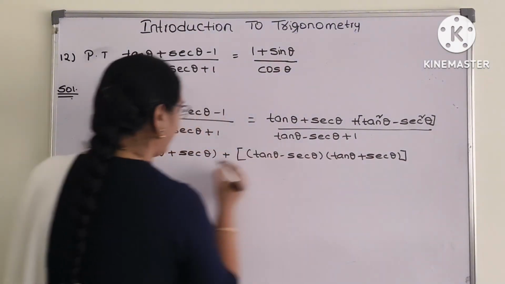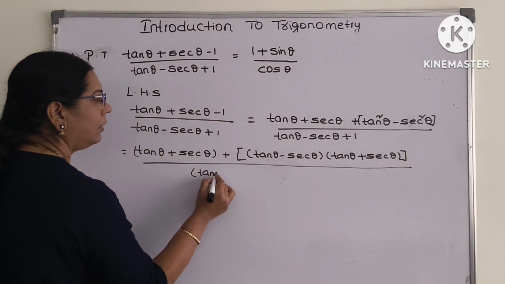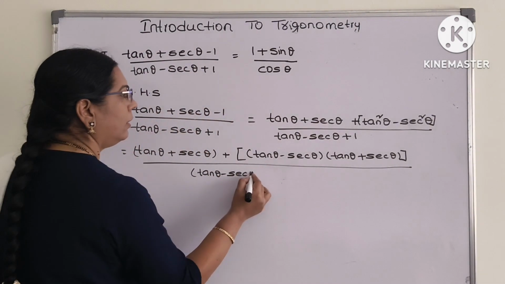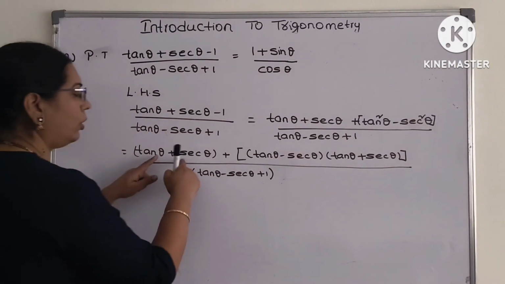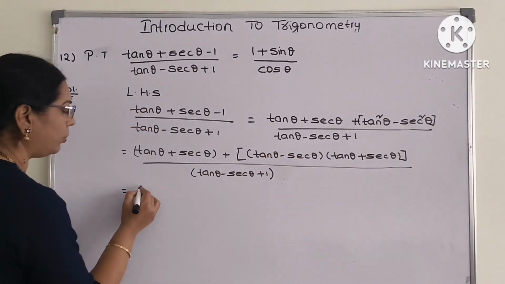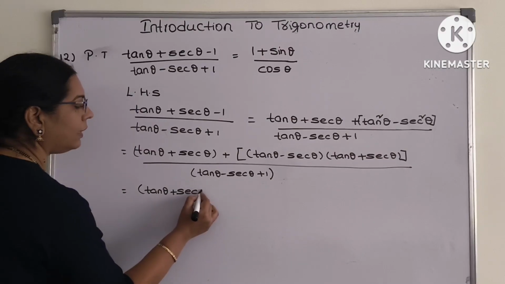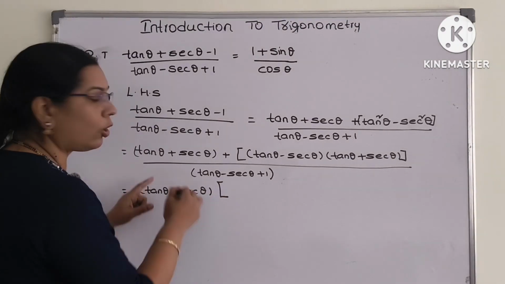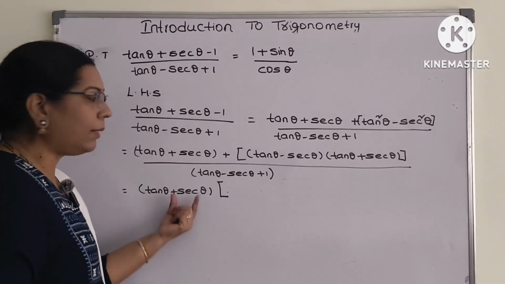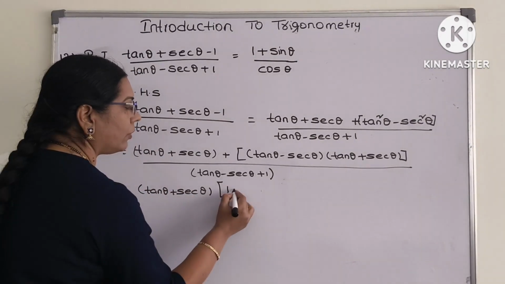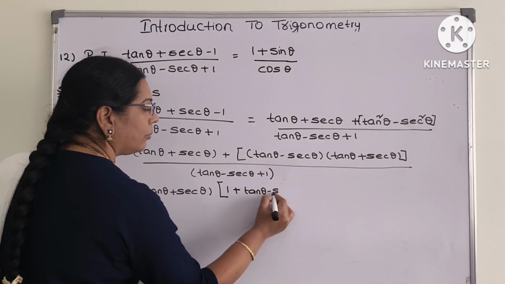And the denominator I am writing as it is without any change: tan theta minus secant theta plus 1. Now if you notice, tan theta plus secant theta is common in both the terms. So take it out common. If I take it out common, I am left with 1 here, 1. So I will take tan theta plus secant theta common. I will be left with 1 plus here tan theta minus secant theta.